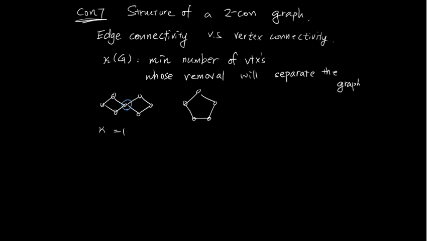Cycles are good structure actually. So if you want to break the cycle, you need at least 2 vertices. So for a cycle, kappa is equal to 2.